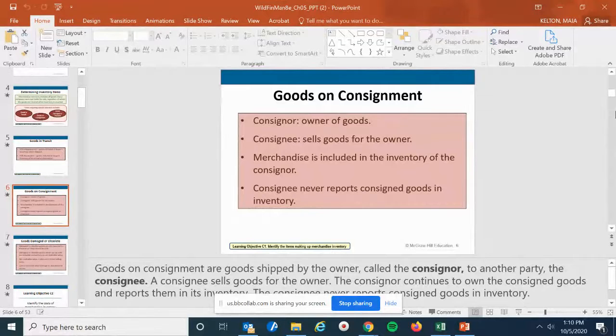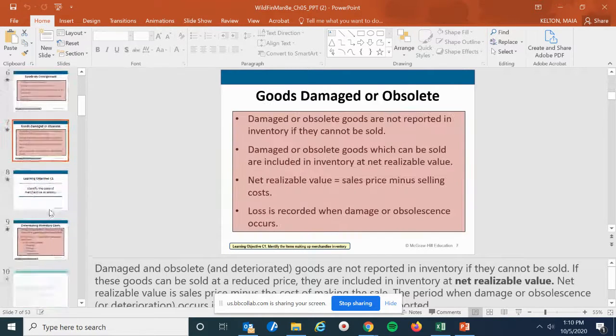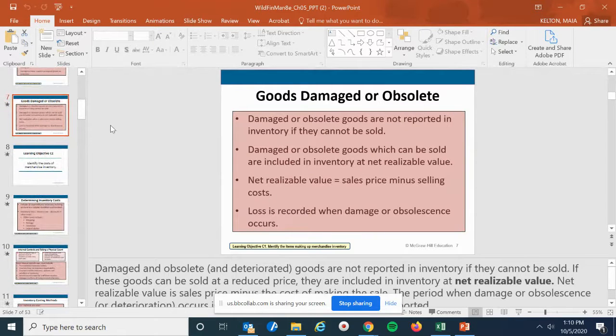So the owner, or the consignor, has to include goods on consignment in their inventory account. Once they are sold and they don't belong to them anymore, they become cost of goods sold. The third special item, when we determine what belongs in the company's inventory and what doesn't, is goods that are damaged or obsolete.